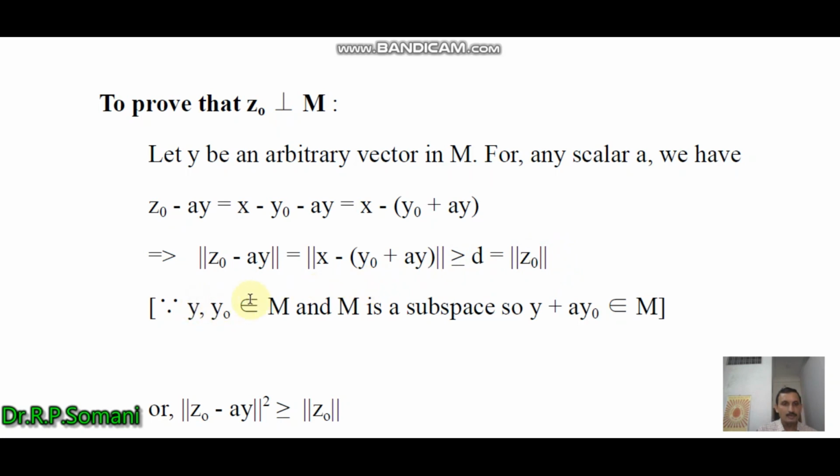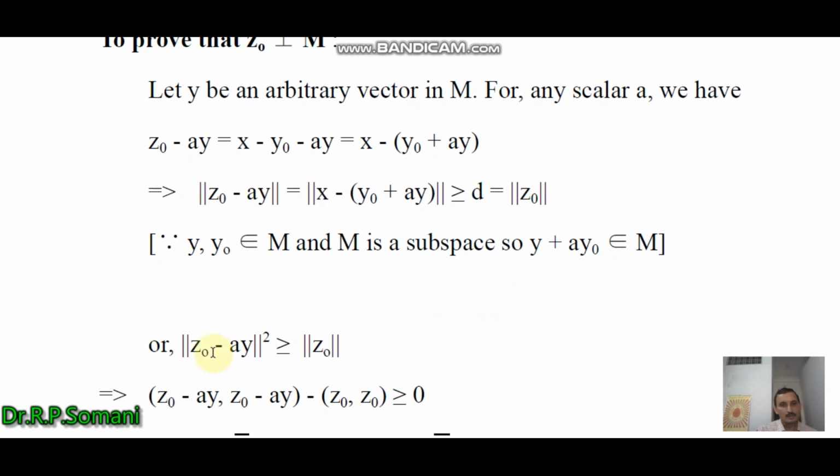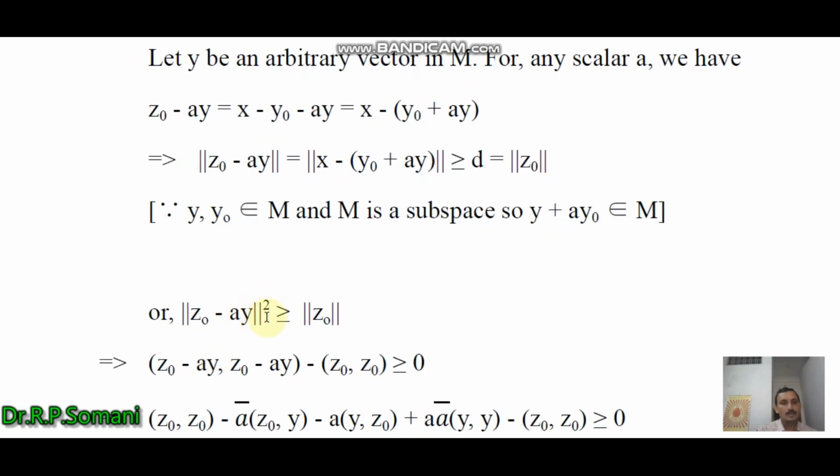Because y and y0 belong to M and M is a subspace, y0 plus ay also belongs to M. Therefore the norm of z0 minus ay squared is greater than or equal to the norm of z0 squared.